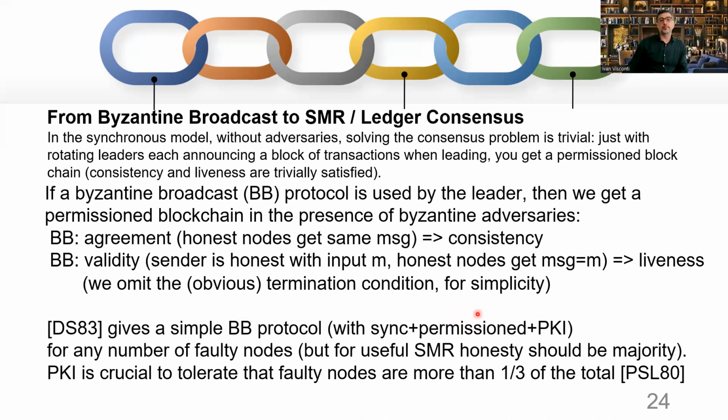If we remove public infrastructure, then we cannot get such a beautiful result. It has been proven by Pease and others that the adversary should be below the 1/3 threshold, so less than 1/3 of the nodes can be corrupted, in order to realize ledger consensus without signatures, without public infrastructure.